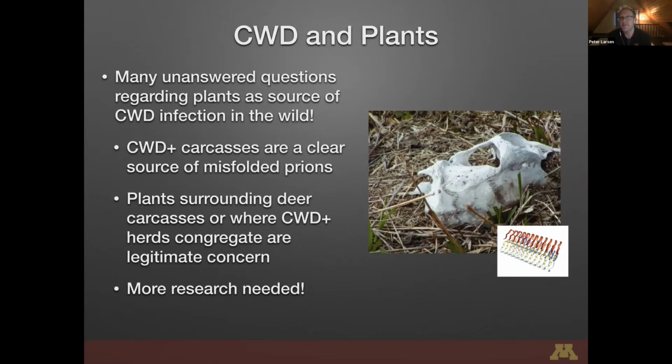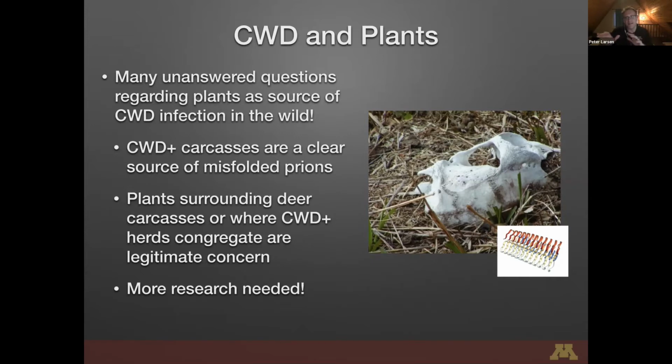and really, I think what this boils down to is carcasses on the landscape. If you have a CWD positive animal that dies, it's very clear that that carcass is just a hot spot, right? A hot spot of the misfolded prions. And so the concern is that with that really dense hot spot of misfolded prions, the plants there are an obvious potential source for indirect transmission routes.